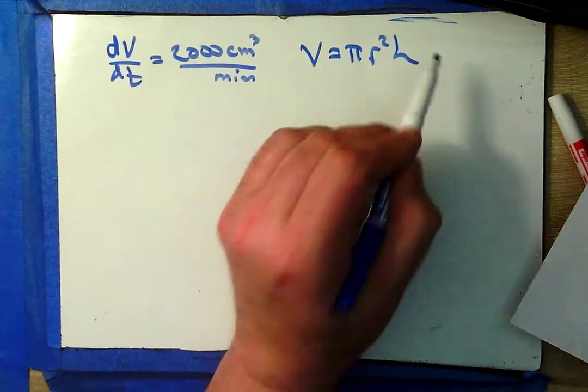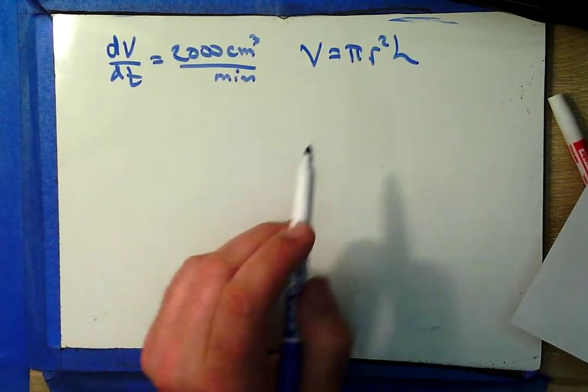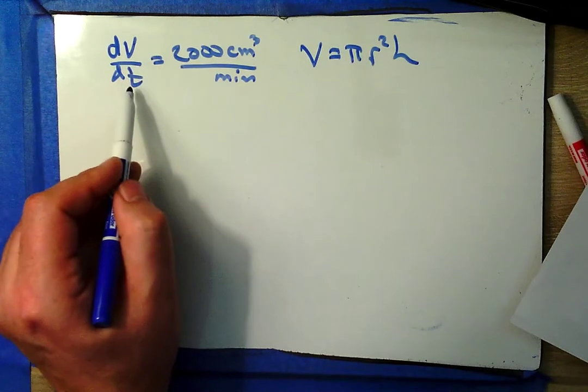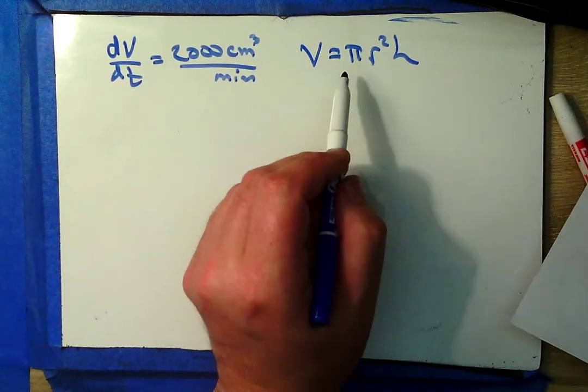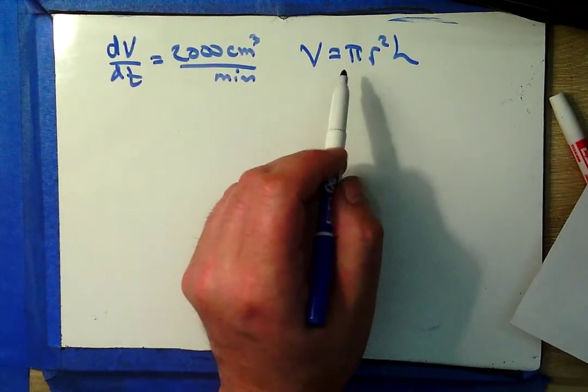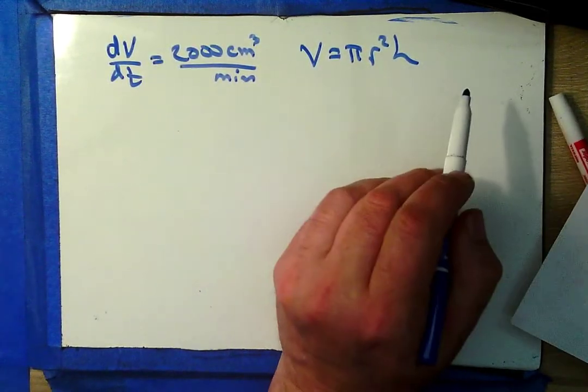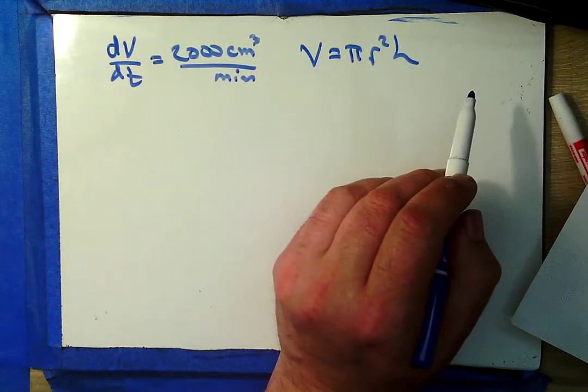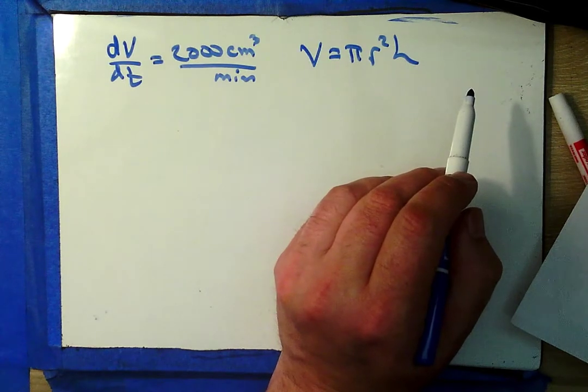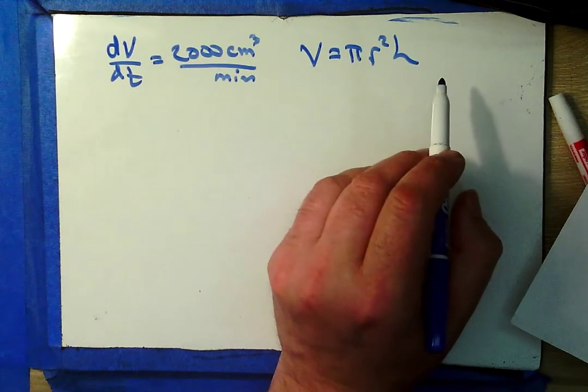Oh my goodness, they actually gave me the formula. Pi r squared h. Okay, so it looks like I have a dV/dt, which means I'm going to need to be taking the derivative of this with respect to time. But I don't particularly want to do it with 2 variables over here. So let's keep reading. With both its radius and height changing with time. Oh, well, I guess they do want me to.